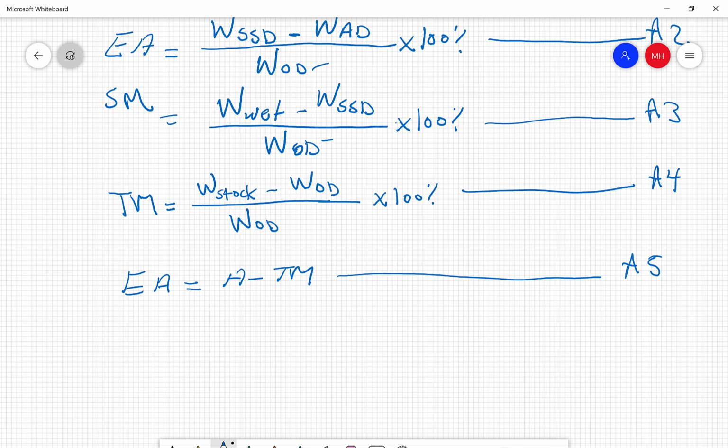So when the TM, the total moisture, is measured on an air dry aggregate, surface moisture equals the total moisture minus the absorption, and that will be equation A6.